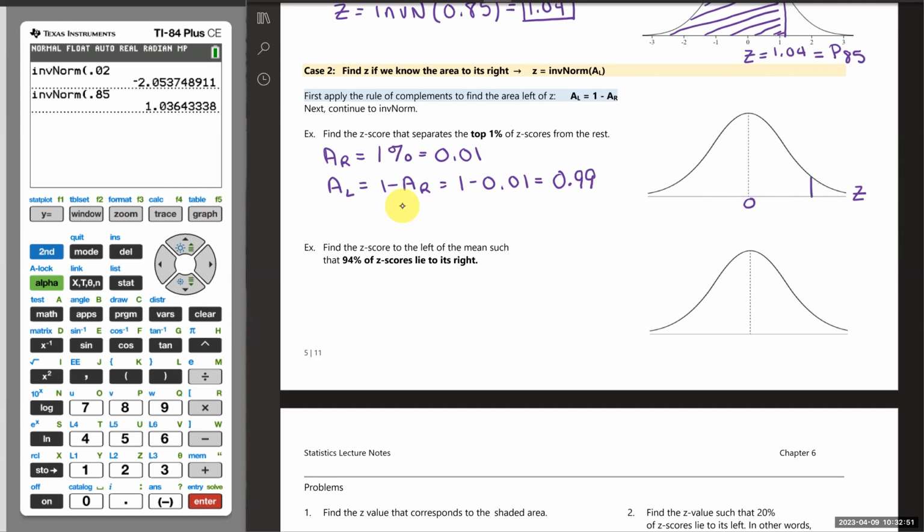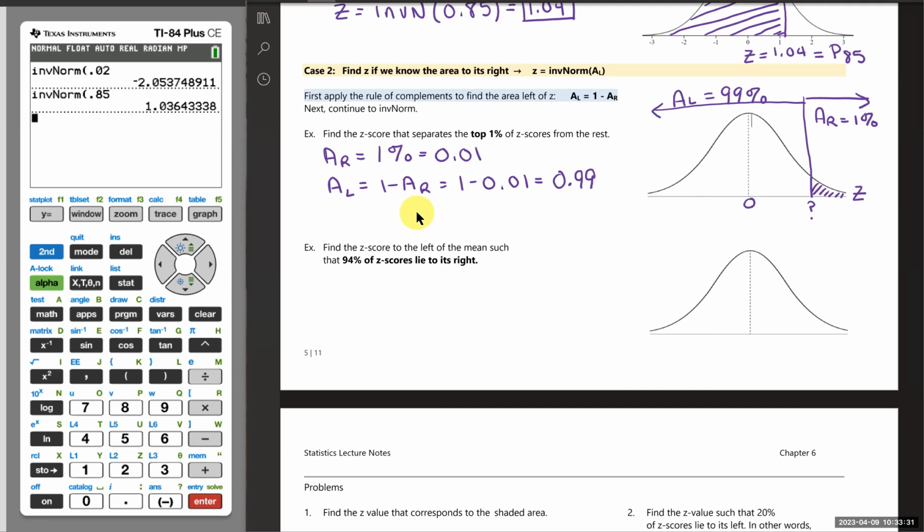So the top 1% would be somewhere with a z-score that would be positive, because if this area to the right is 1%, that's definitely less than half that picture, right? 1% is smaller than 50%. And that means that all of this area to the left of it, we wrote it in decimal 0.99, would be the other 99% of z-scores.